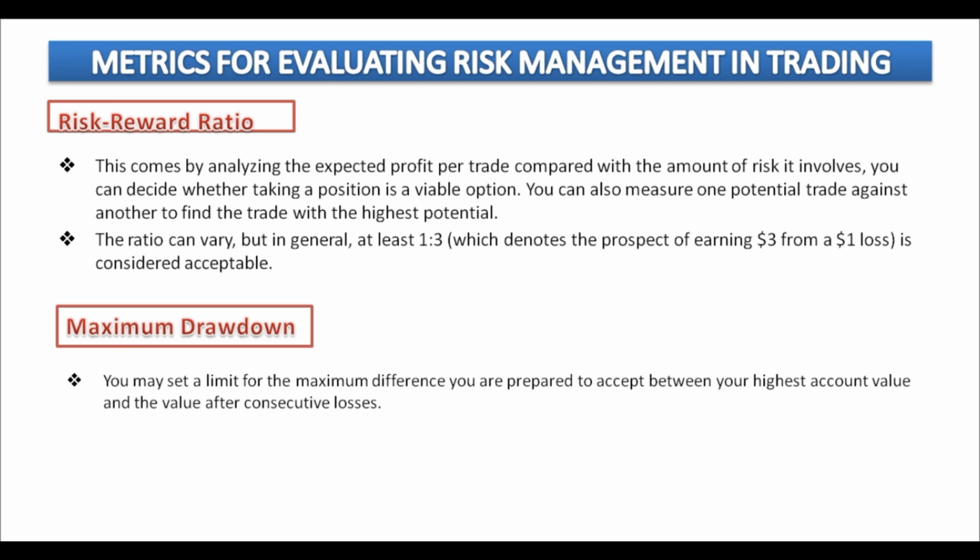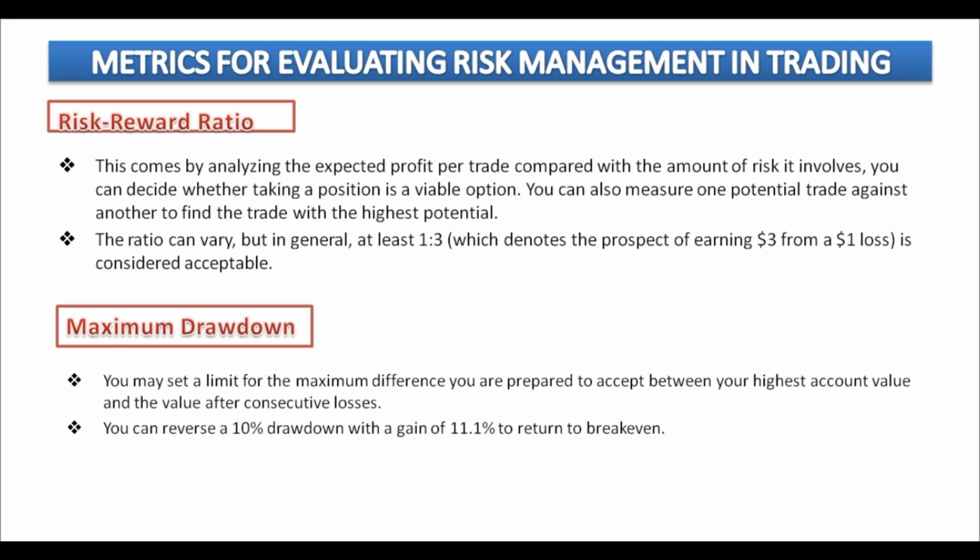You must set a limit for the maximum difference you are prepared to accept between your highest account value and the value after consecutive losses. You might decide that you do not want more than a drawdown of 10%. If you have a drawdown of 10%, you want to pause and reanalyze what is happening before you continue trading.